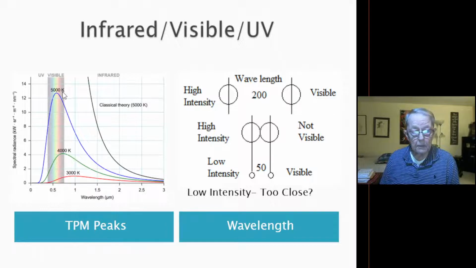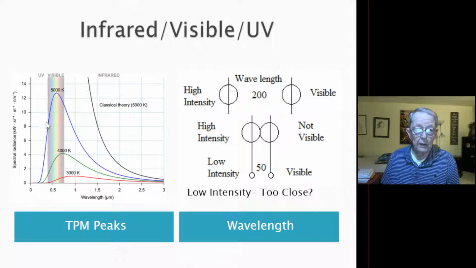In the visible, now you can have a medium intensity and a frequency or a wavelength in this range, and it can be visible, or if it isn't visible with the eye, at least measurable with the equipment.